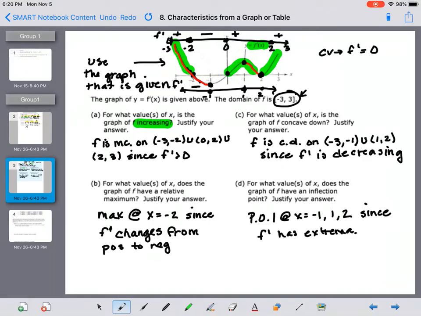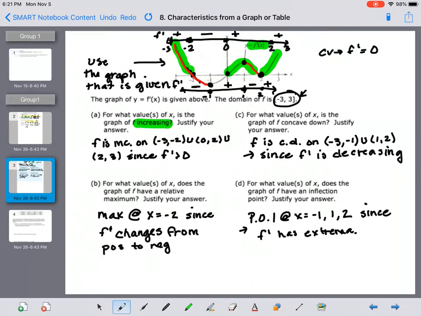So a negative slope to a positive slope to a negative slope here and a positive slope beyond. So our second derivative is just the slope of this. So what I'm doing is looking at the slope to create that number line chart, which helps us with both this and this problem right there.